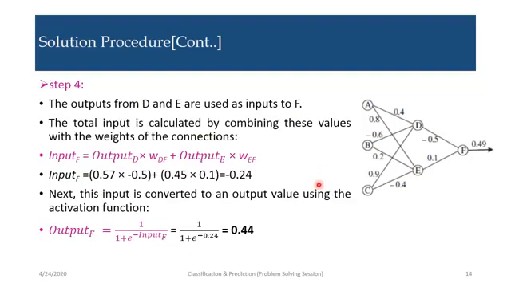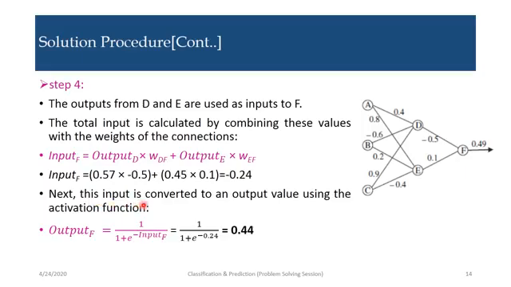Now step 4. In step 4 we calculate the input to node F and the output from node F. The input to node F is output D times WDF plus output E times WEF. Output D is 0.57 times the weight minus 0.5, then output E is 0.45 times the weight 0.1. So the input to F is minus 0.24.